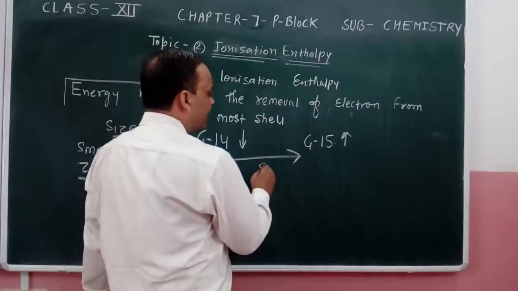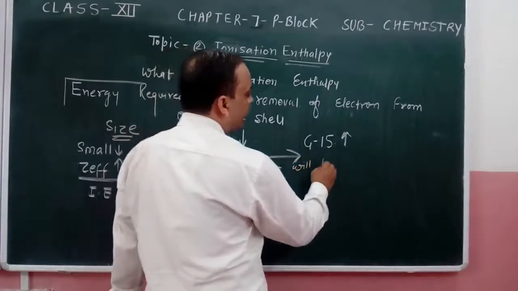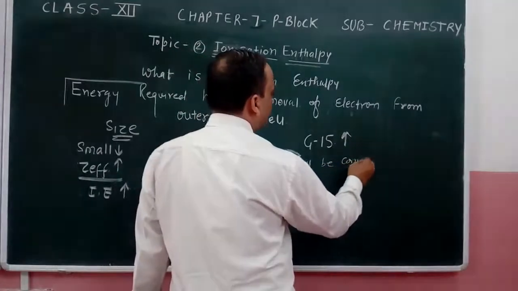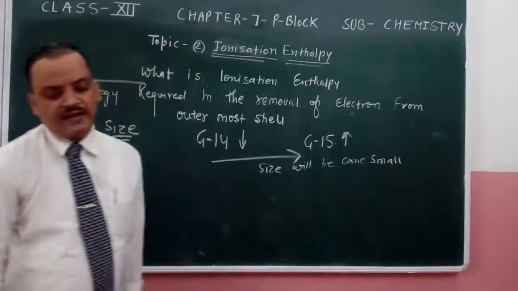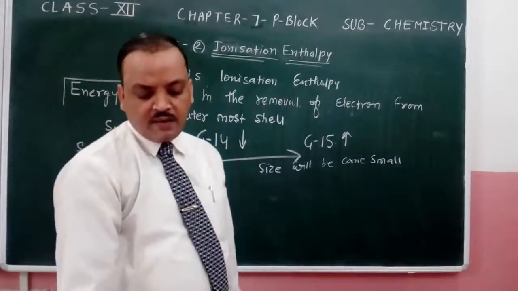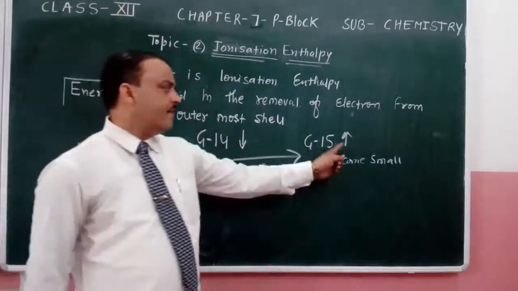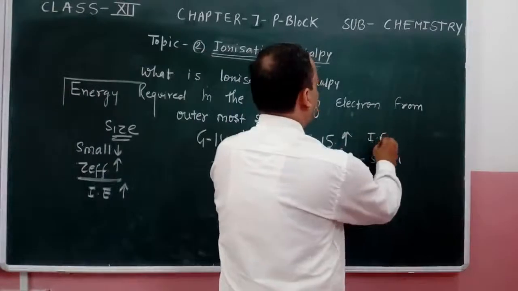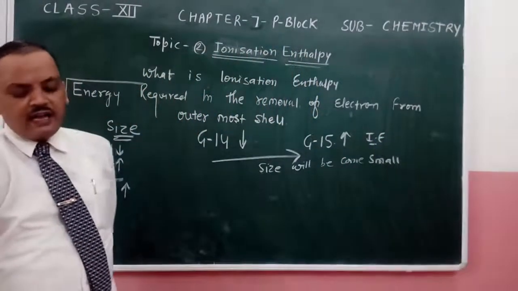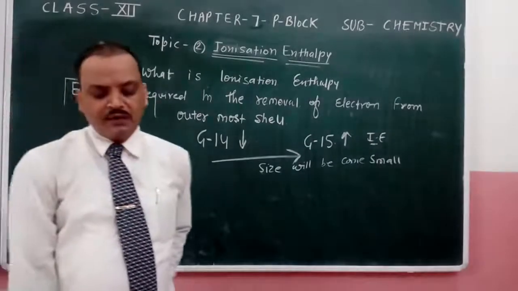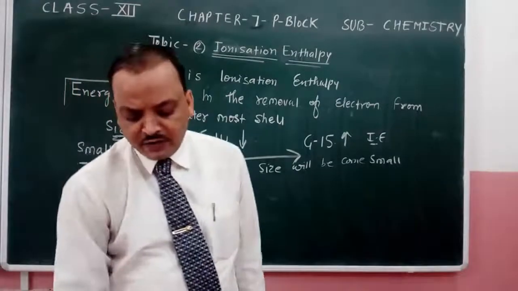So the ionization enthalpy of the elements of group number 15 is much higher in comparison to the elements of group number 14. That is the question. Now the explanation regarding this.